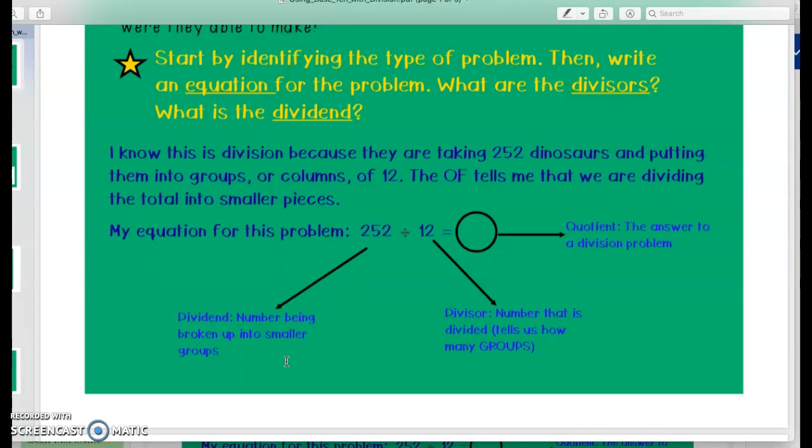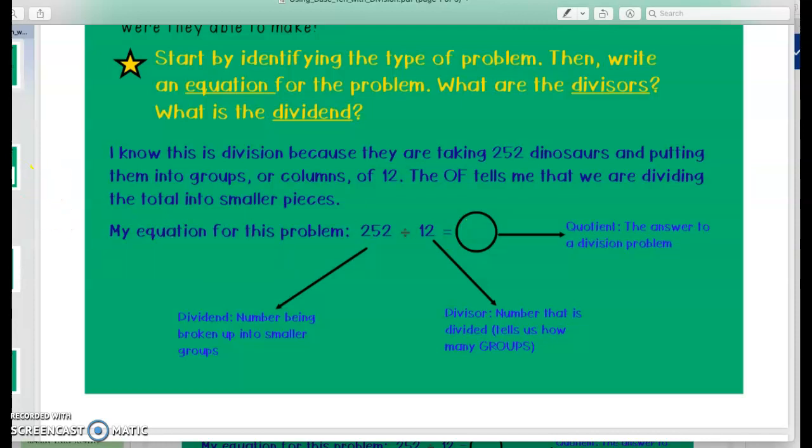That's the number being broken up into smaller pieces or smaller groups. And the second number, 12, we call the divisor. It tells us how many groups. And lastly, the thing we're looking for is the quotient. And a quotient is an answer to a division problem.